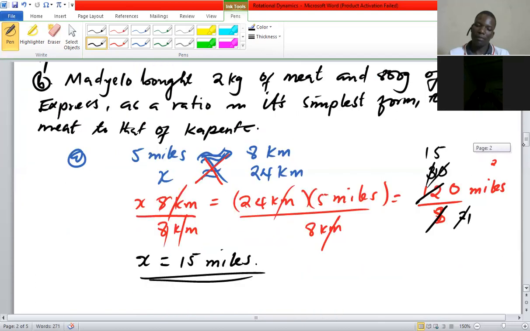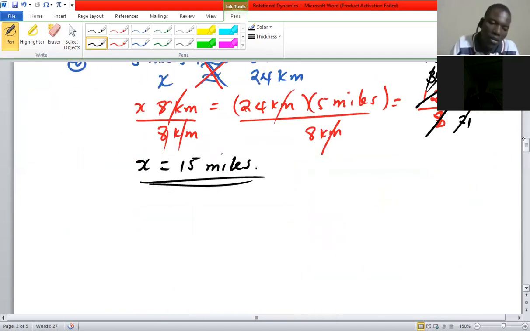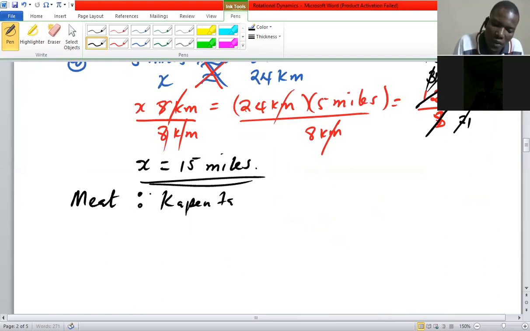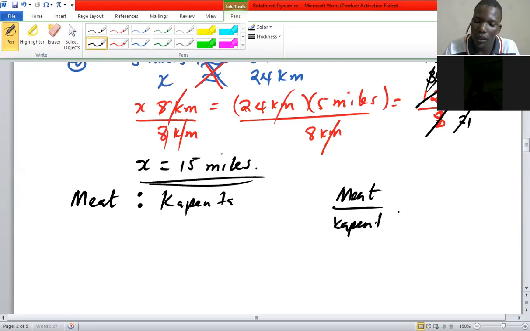So the relationship is meat to carpenter. This is how you express a ratio, with a colon. It's either the colon or a fraction, so it can also be meat per carpenter. It's still the ratio.